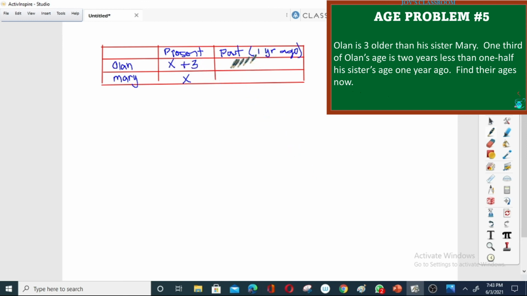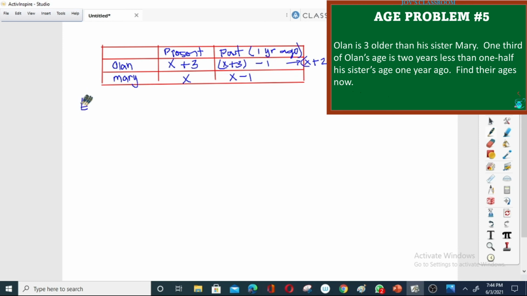Okay, since this is past, we just have to subtract 1 for 1 year ago, so x minus 1. Simplify this: x plus 3 minus 1 is 2, so this is x plus 2.